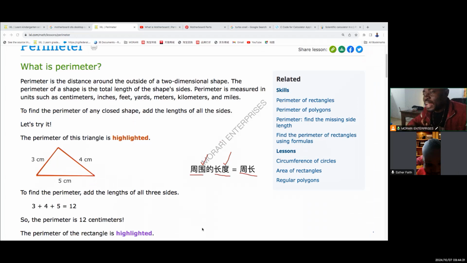So we just look at the sides. We count the sides, and we add as many distances as there are sides. That's very easy. If it is 3 sides, you add 3 numbers. If it is 4 sides, you add 4 numbers. All right, so again, we're very clear with that.